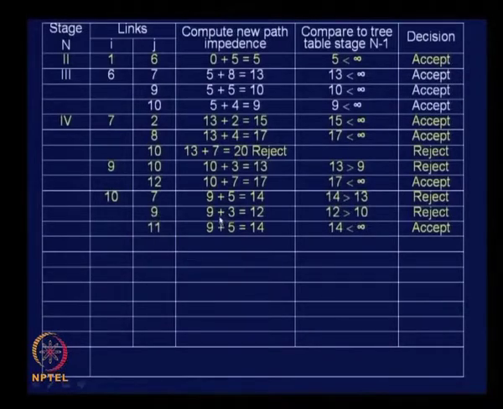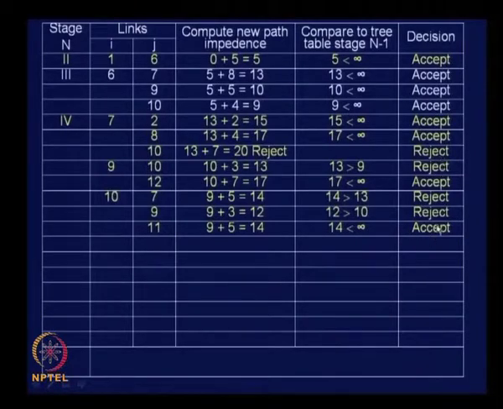And 10 to 9, 9 plus 3, 12, 12 is greater than 10, again we have to reject this, this is not lying in the shortest path. And 10 to 11, 9 plus 5, 14, to reach 11, 14 is the shortest time as of now, less than infinity, we are accepting.